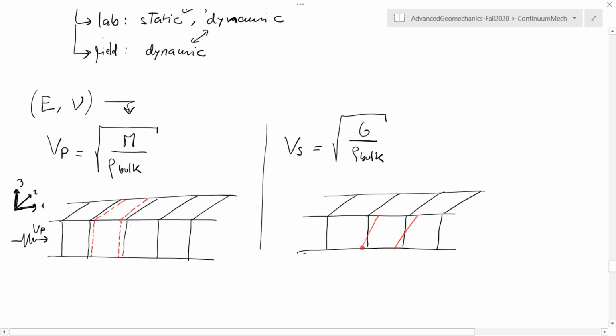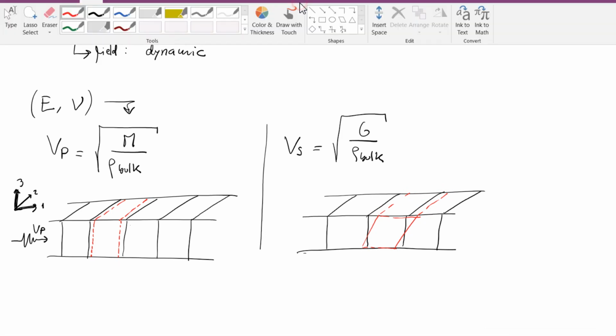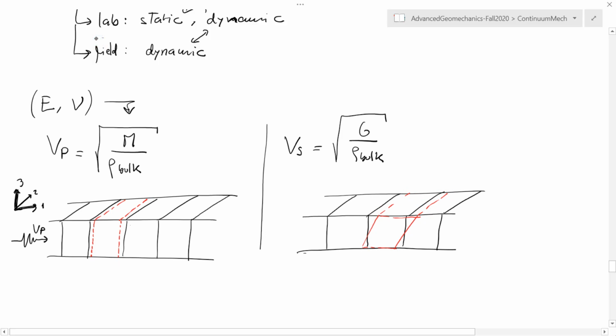So now the deformed configuration is going to look like this, where, for example, in this case, the shear wave is causing a distortion in the plane 1, 3, and is traveling in direction 1. All right.